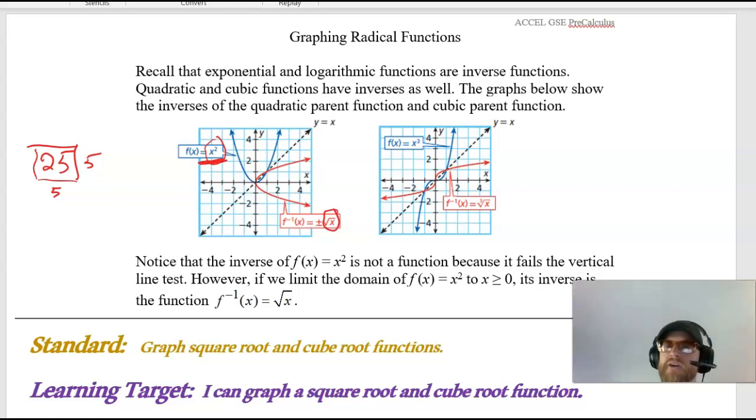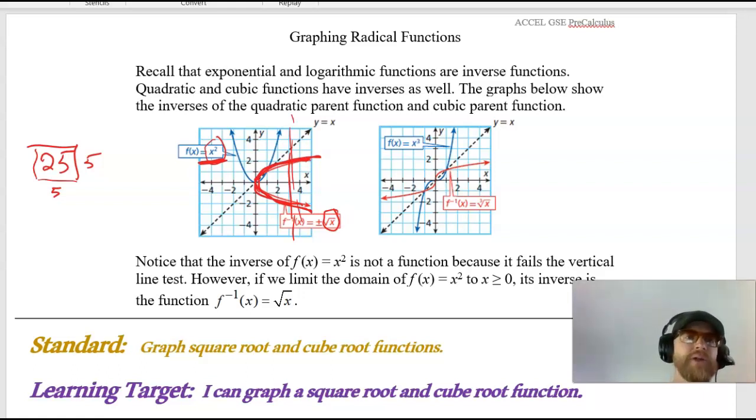But the square root function as an inverse is not a function, so this is where it gets kind of ugly. If you invert the x squared function, you get a curve that is not a function. It does not pass the vertical line test. So the square root function is just a piece of the inverse of x squared.